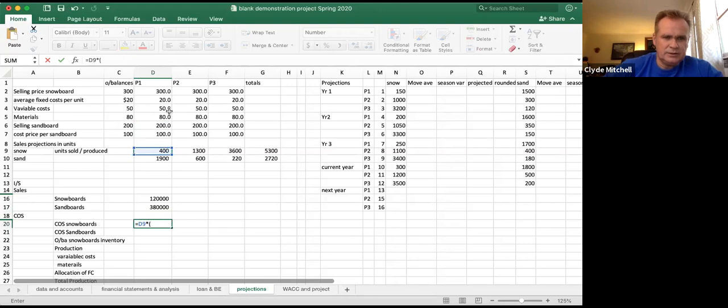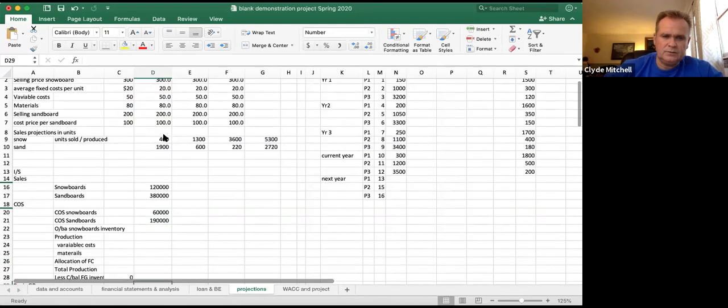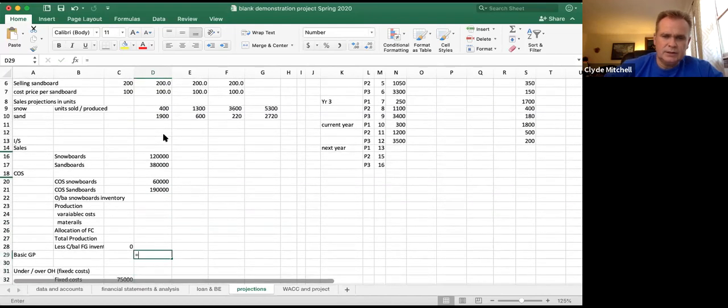It's a combination of my fixed costs plus my variable costs plus my materials, which should add up to 150. I probably could have just typed that number in. Whereas with sandboards, we know the amount because we are buying them directly from a supplier, and they cost us $100 each. And again, we can ignore that whole section, so we can work out our basic gross profit, which is going to be our revenues added together, subtract our cost of goods sold.